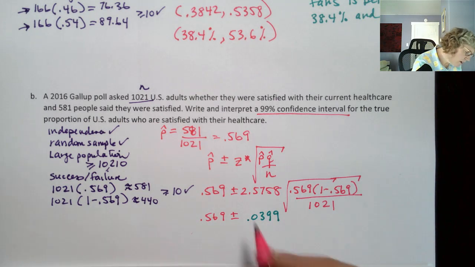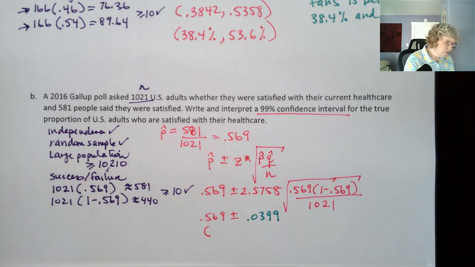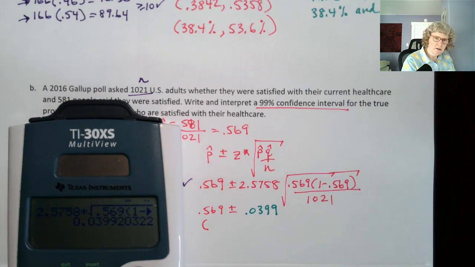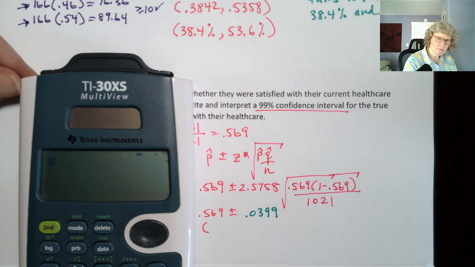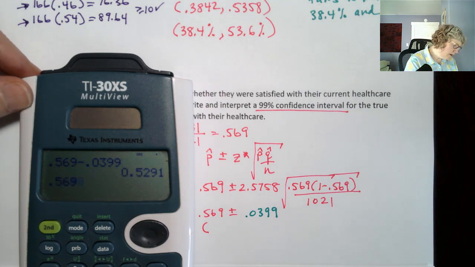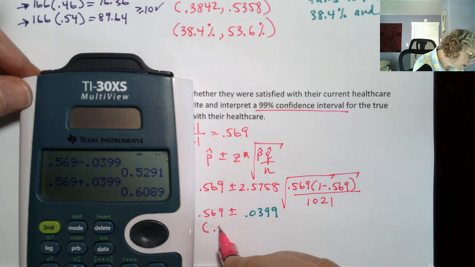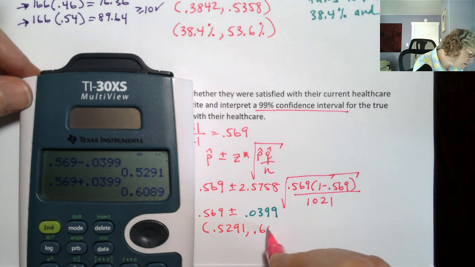Okay, so now I'm going to go ahead and add and subtract to get our interval. 0.569 minus 0.0399 and 0.569 plus 0.0399. Okay, so we have 0.5291, 0.6089.